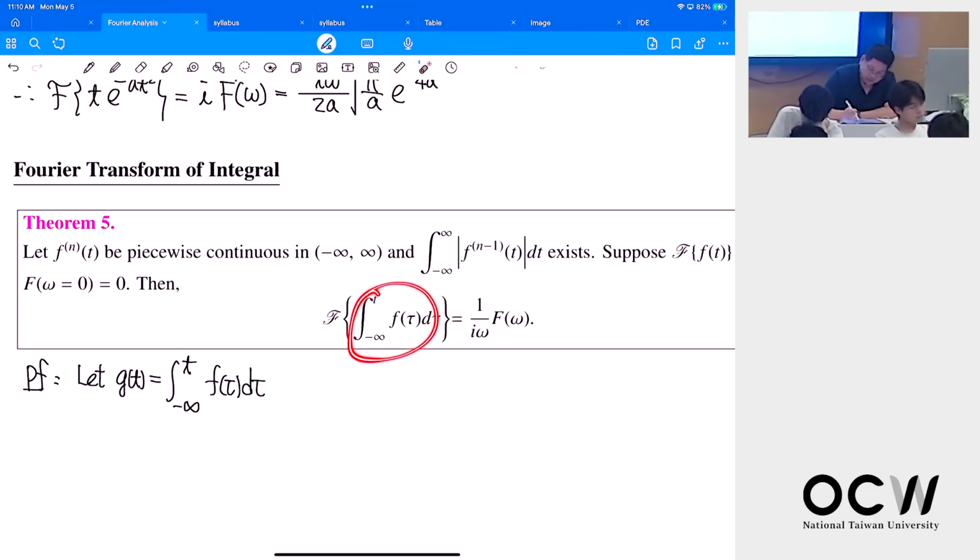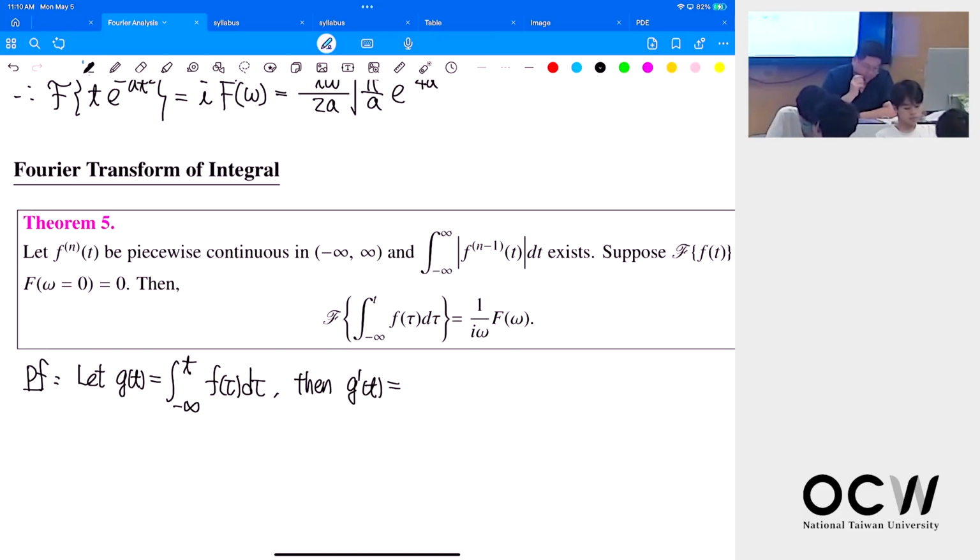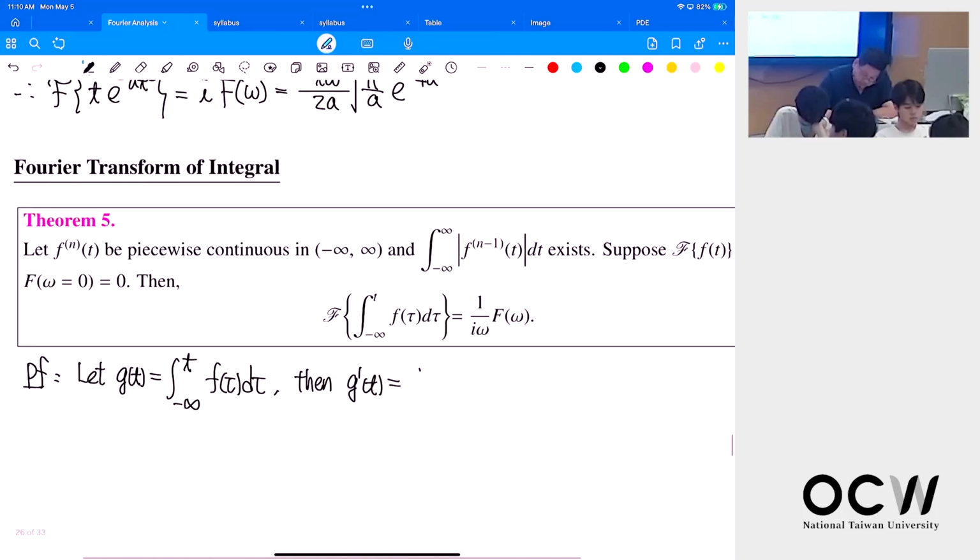Okay, so overall this is a g function. Then by the calculus, what is g prime? If I take the derivative, g prime will be your function f, right?